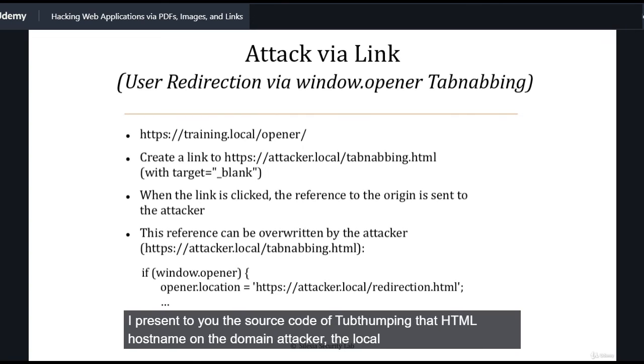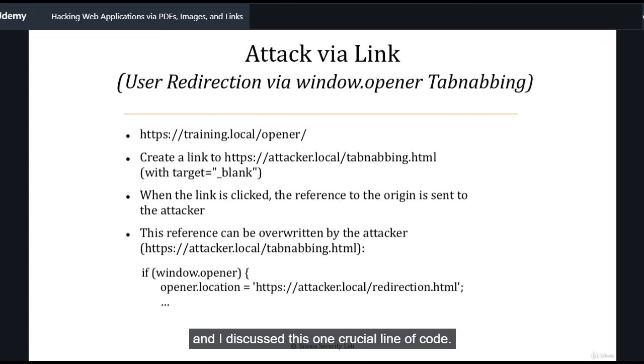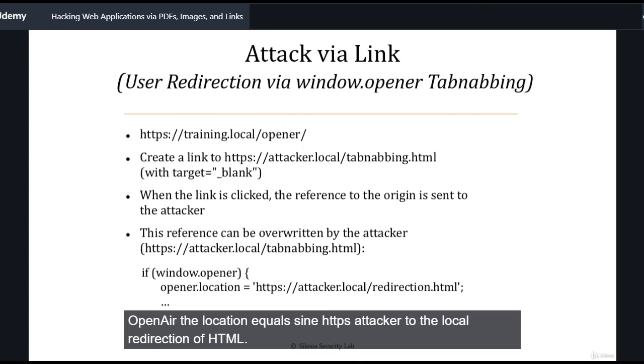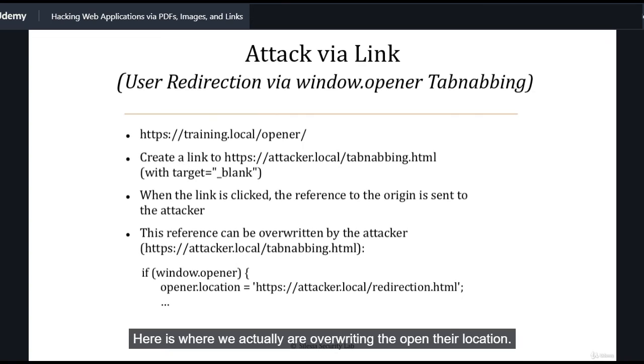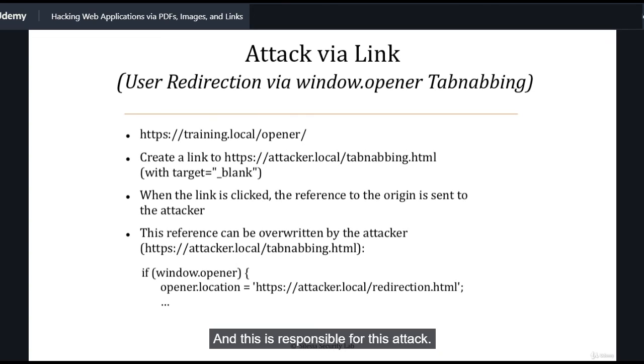I presented the source code of tabnabbing.html hosted on the domain attacker.local, and I discussed this one crucial line of code, opener.location = https://attacker.local/redirection.html. Here is where we are overwriting the opener location, and this is responsible for this attack.